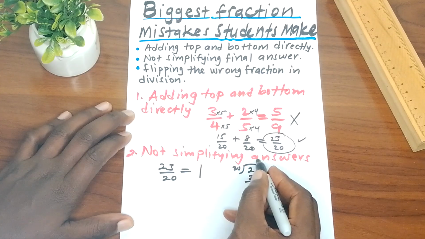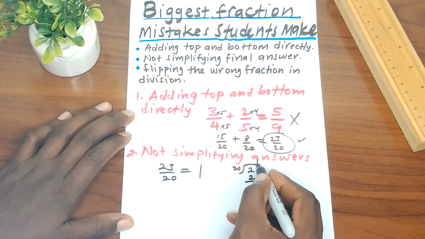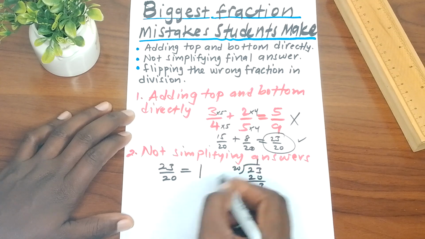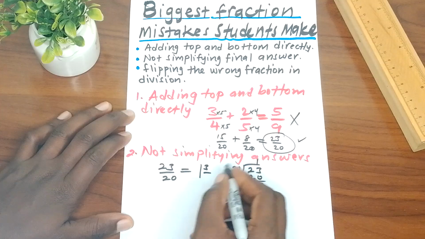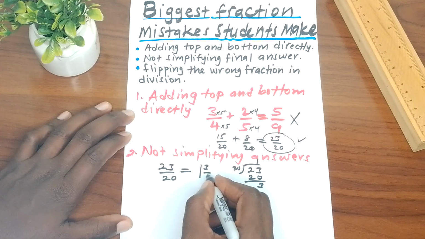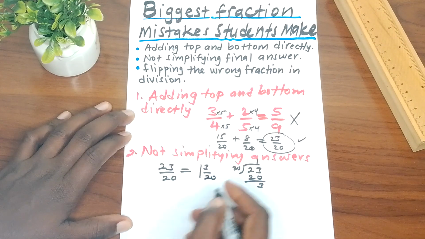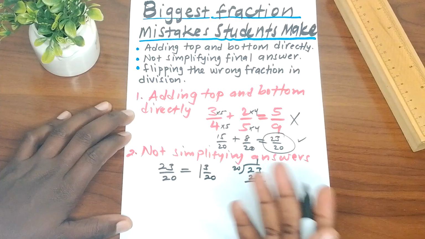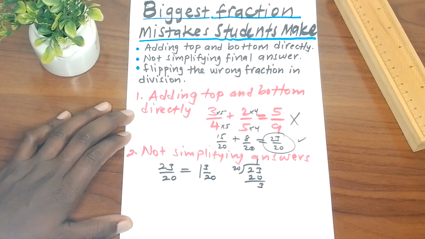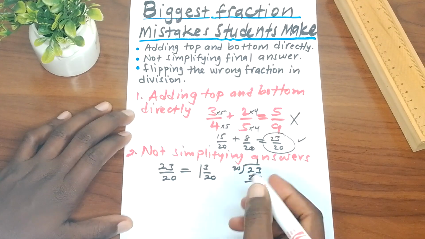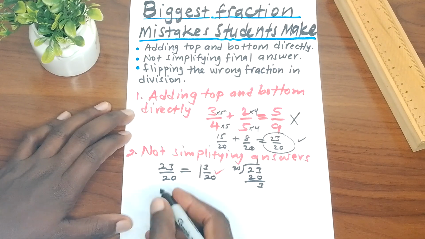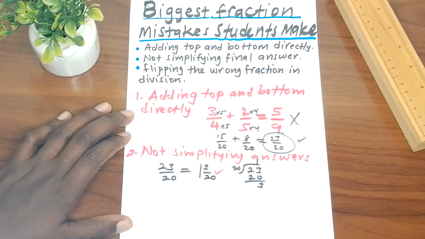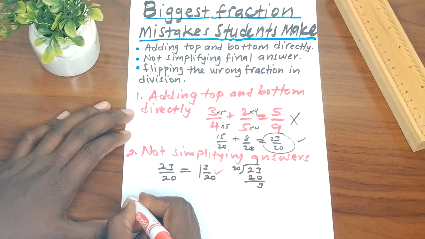So we write this answer as one whole number, then the remainder 3 out of the number which is doing the division, the divisor, which is 20. So here you are simplifying your answer, and this is going to make you pass this correctly. Instead of leaving it when it is not reduced, you will miss some of the marks from the examiners.